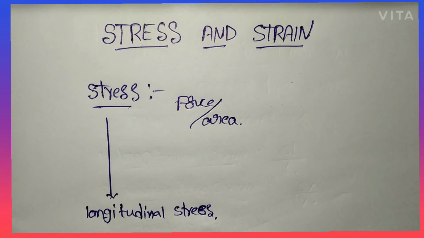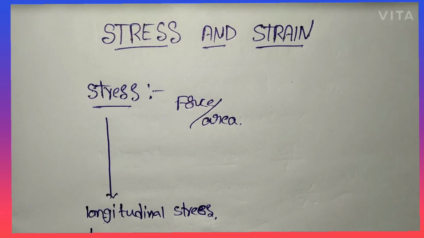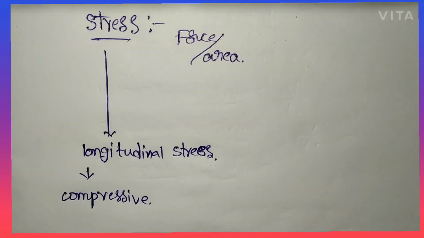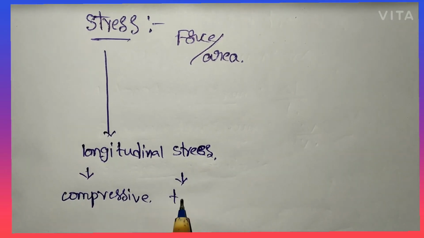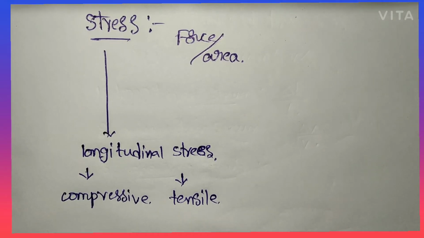It is a lengthwise stress. Force acting per unit area lengthwise is known as longitudinal stress. Here two types are there: one is compressive and another one is tensile. Compressive stress is a stress that decreases length, and tensile stress is a stress that increases length.